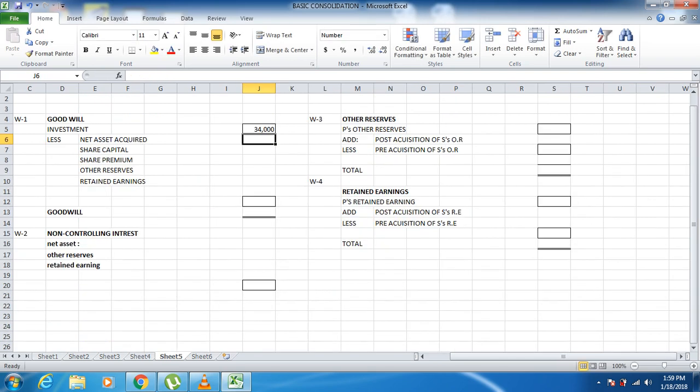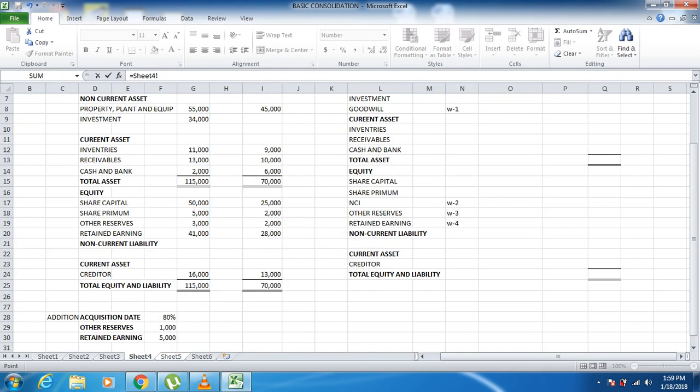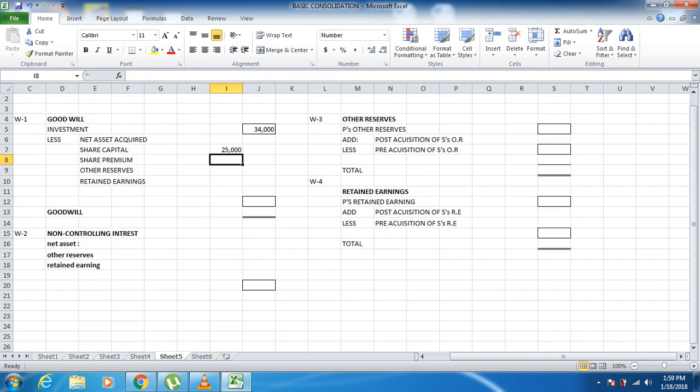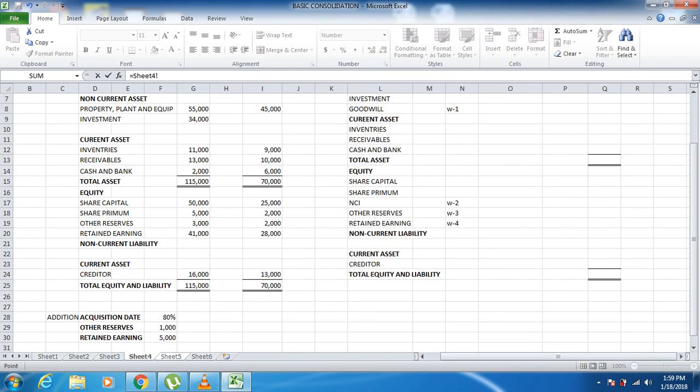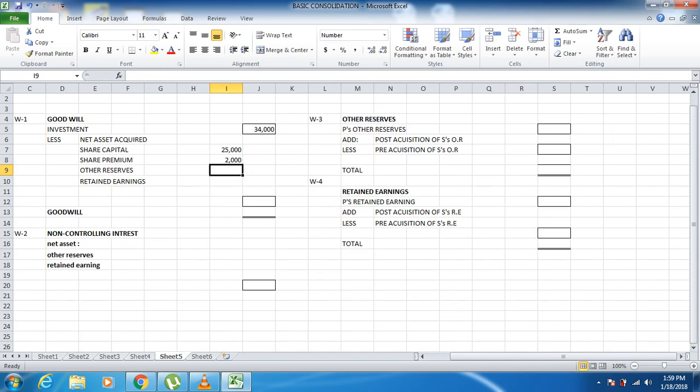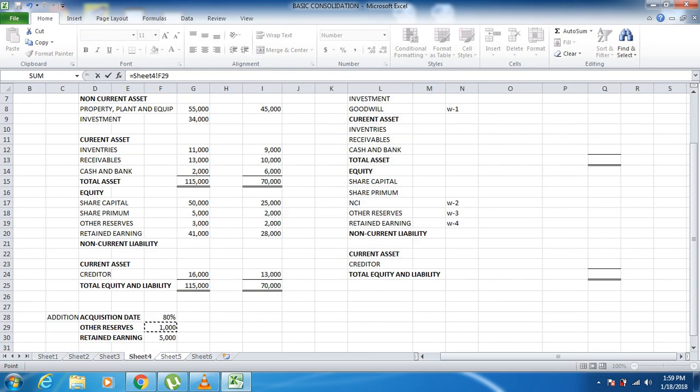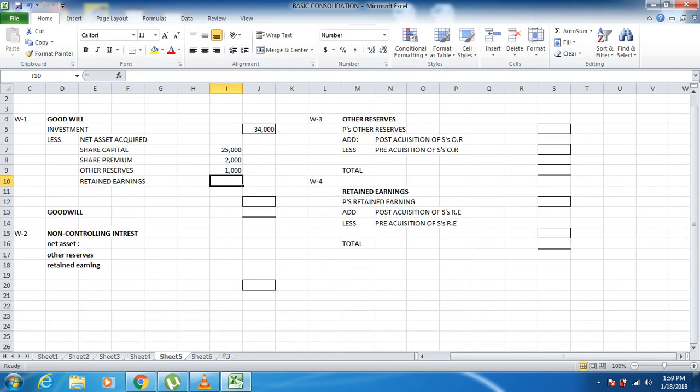It includes the share capital of the subsidiary and the share premium of the subsidiary, other reserves of the subsidiary at the time of acquisition, and retained earning of the subsidiary at the time of acquisition.